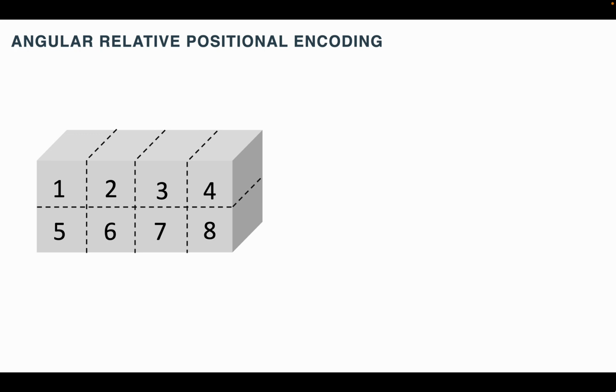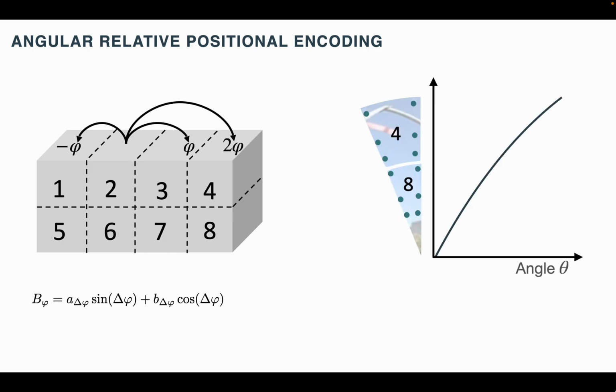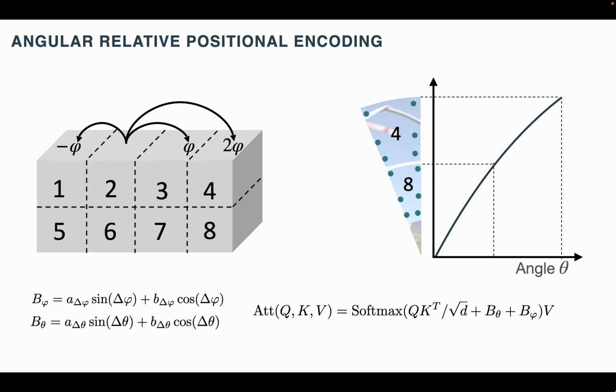Along the azimuth axis, we calculate the relative phi value of each patch with respect to every other patch and define a B-phi matrix. For positions along the radius, we take the help of the radius and angle curve, where instead of defining relative radius values, we define relative theta values and calculate a matrix B-theta. We use these two matrices in our attention equation to define angular relative positional encoding.